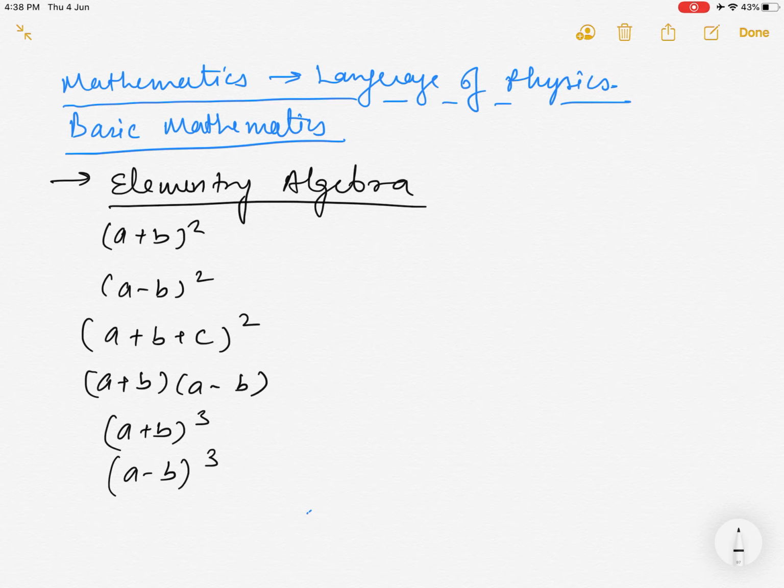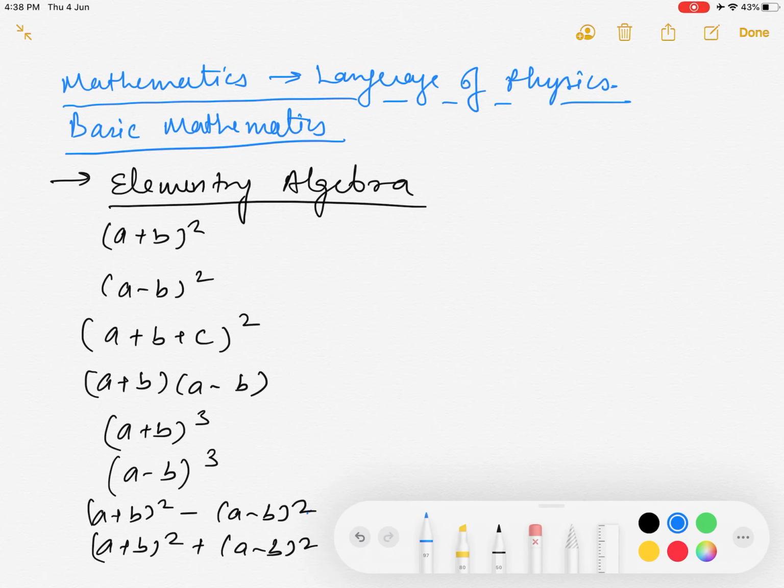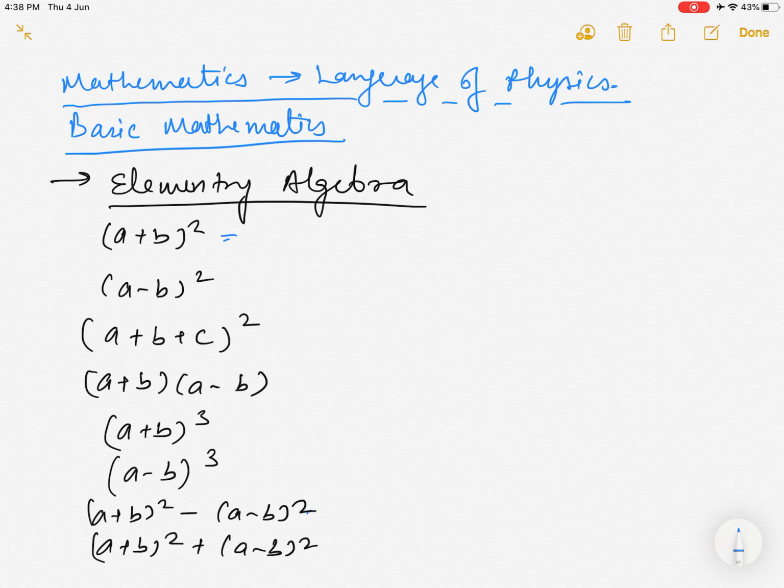After this, you have (a minus b) whole cubed. And then you have (a plus b) whole squared minus (a minus b) whole squared. And finally, you have (a plus b) whole squared plus (a minus b) whole squared. So these are the basic formulas which you need to remember always, right?